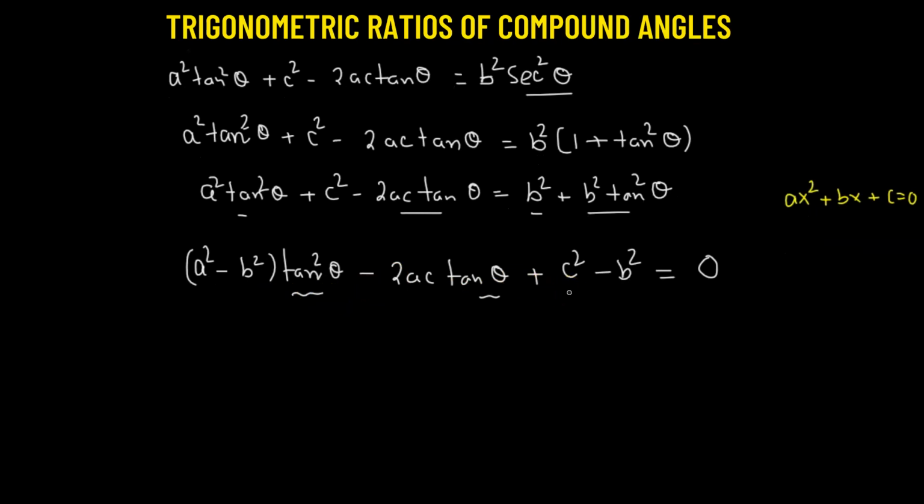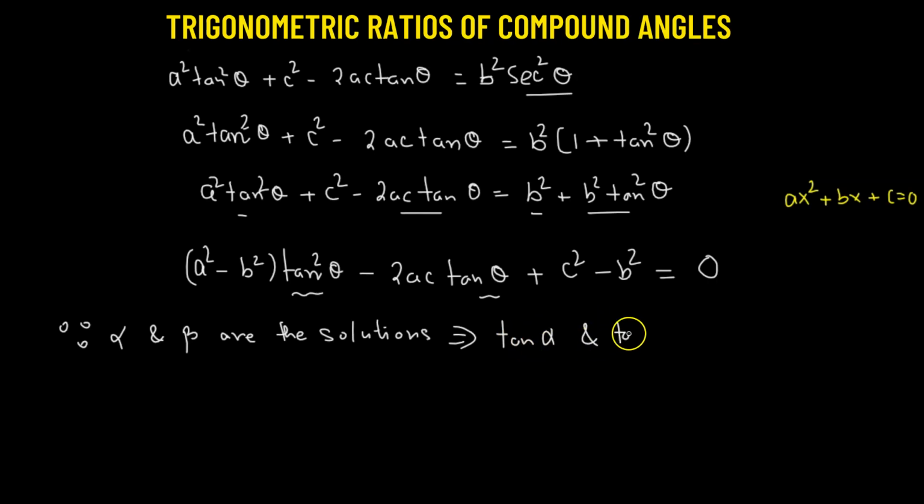They're exactly the same. We have only gotten rid of the secant function. So since alpha and beta are the solutions, this implies that tangent alpha and tangent beta are the solutions to the quadratic equation.